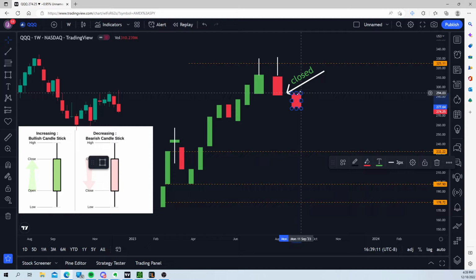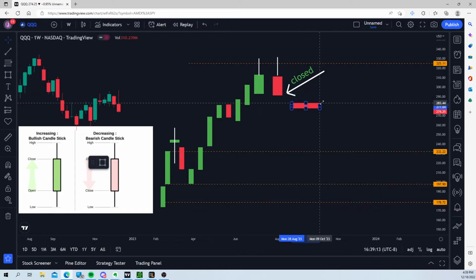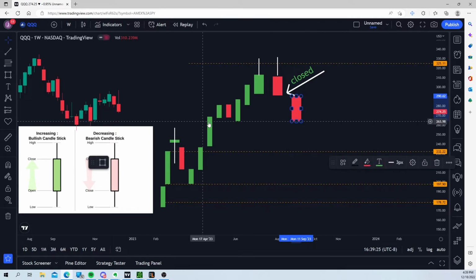So how are wicks created? Wicks are created when the price moves like this. So let's say this candle starts off here, and it drops, and then you see that this section is where a big amount of buyers were. Let's say around this level, you start seeing this.